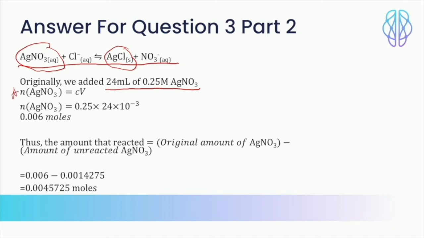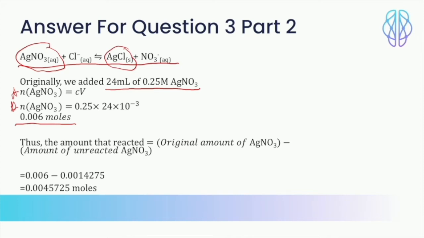This is my equation. Substitute, and I get 0.006 moles. Very handy. So that is the original amount of silver nitrate that I dumped into that beaker of water.